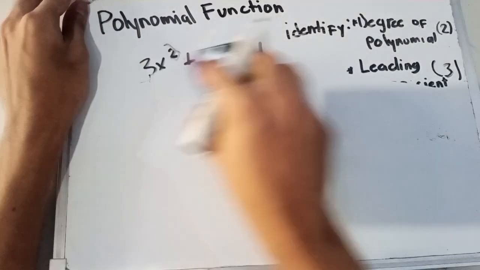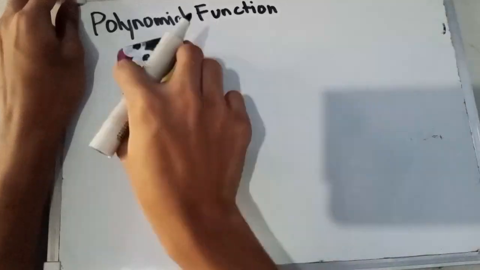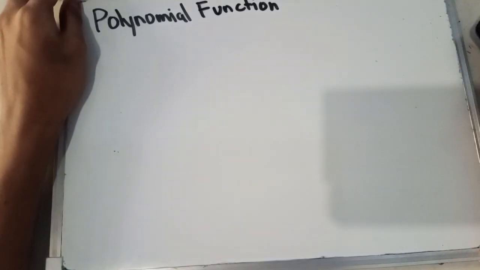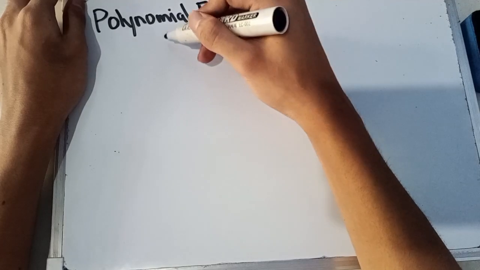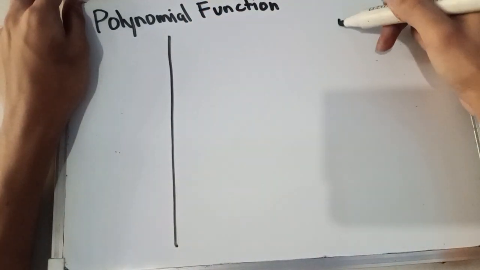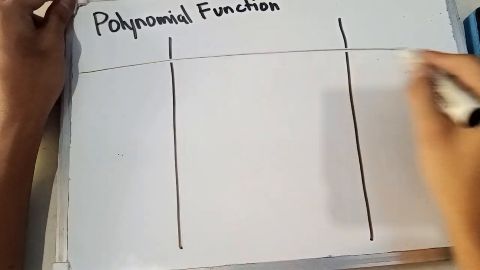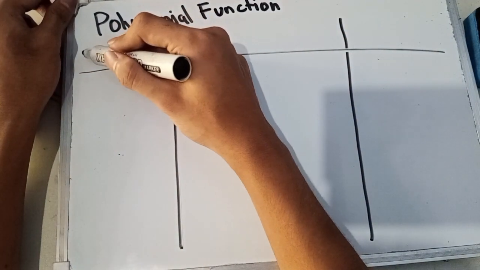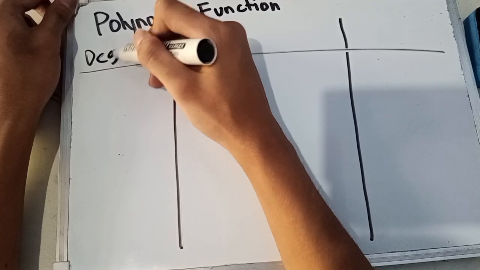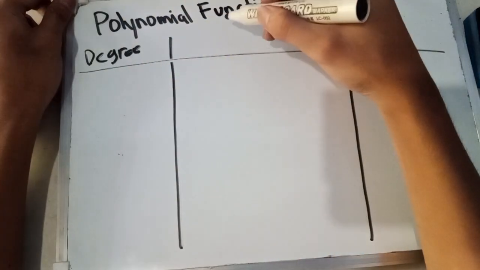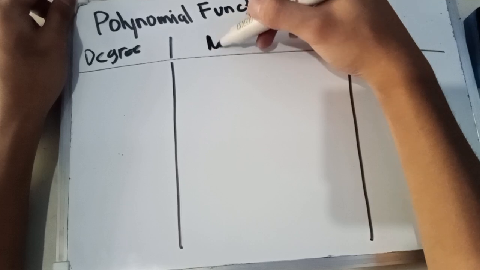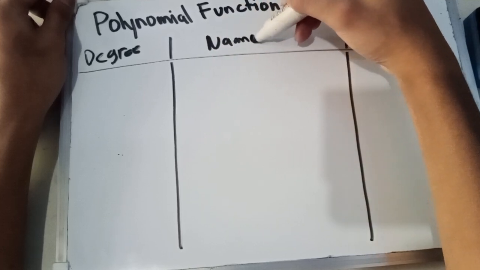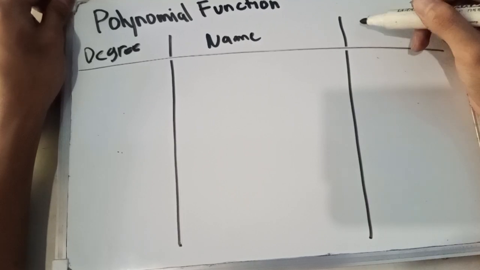So let's draw a column. Let's label this as degree, name, and example.